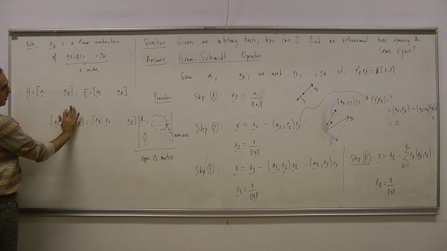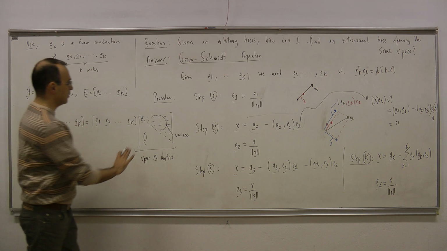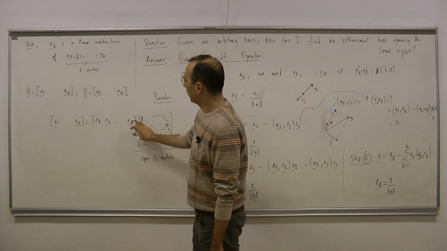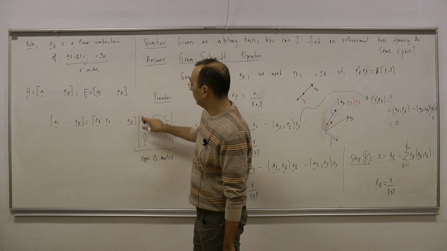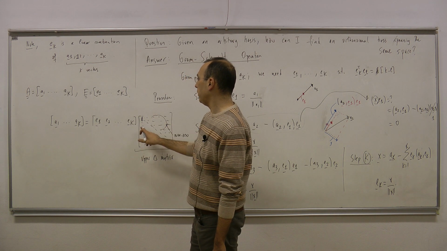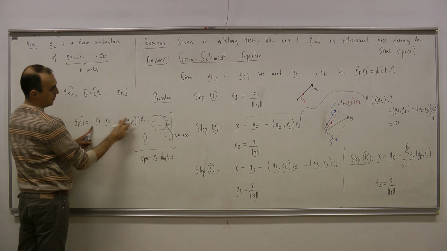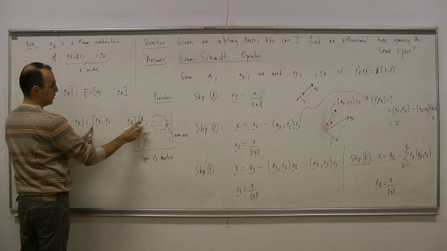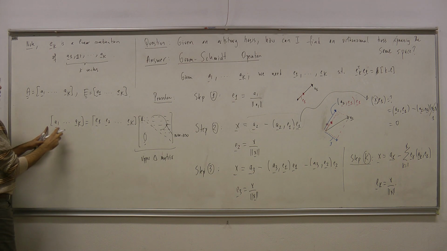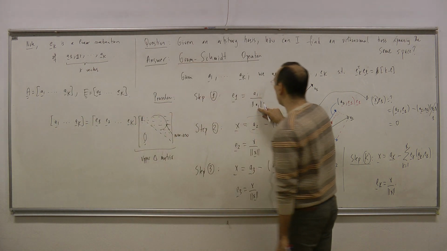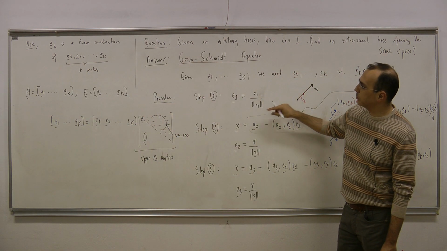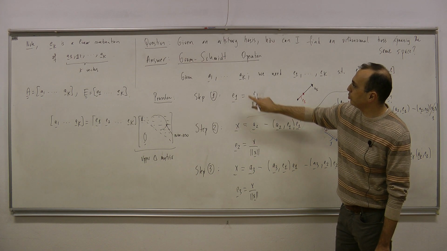Just focus on the first column. This matrix times first column of this one. And we have seen that this is just a linear combination of weights for the columns. So this is 2 times E1 is equal to A1. If A1 norm is 1/2, let's say, then E1 is equal to 2A1.